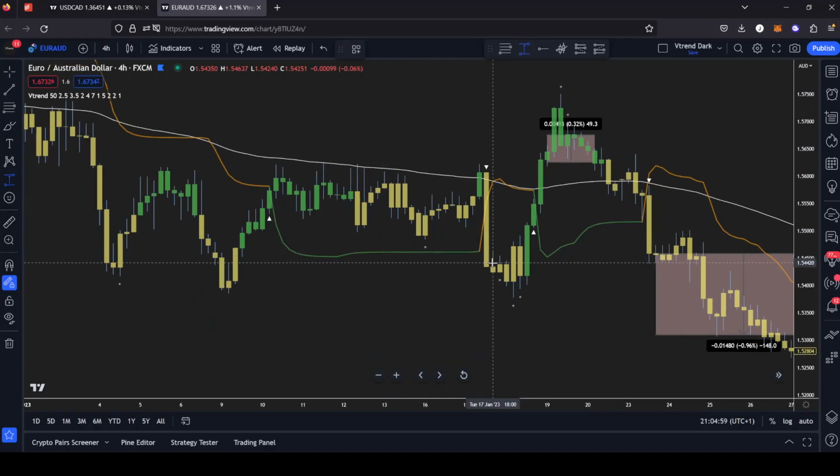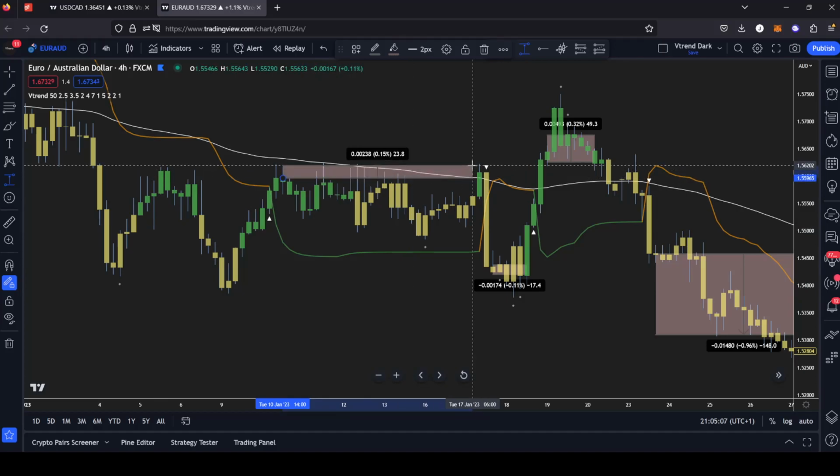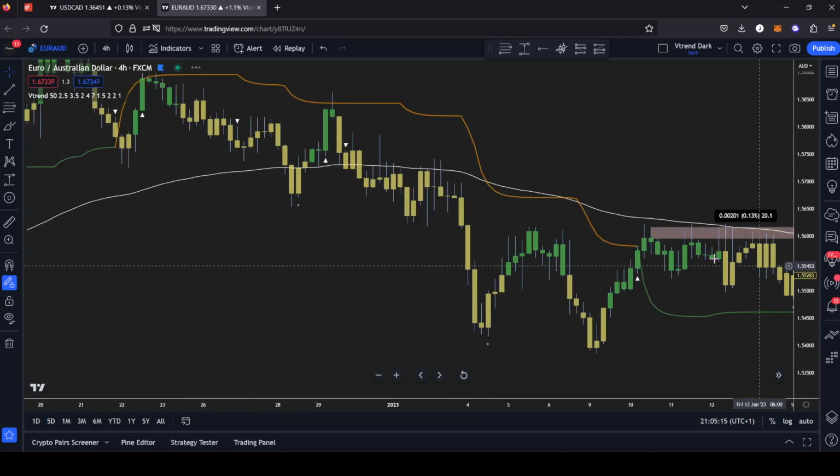Again, this one would have been a tight exit or profit, if anything. This one probably would have been a loss if you took it. You might be able to get out at break even, but yeah, not a winning trade there.